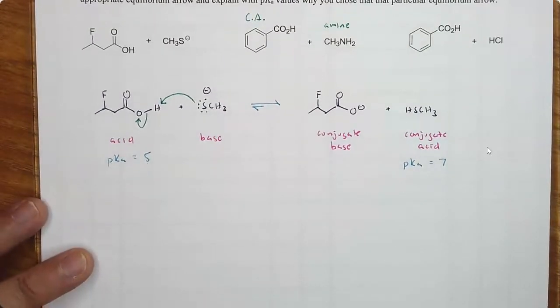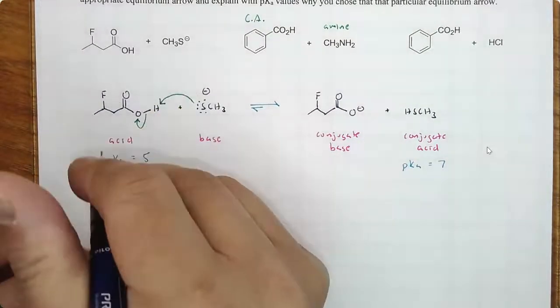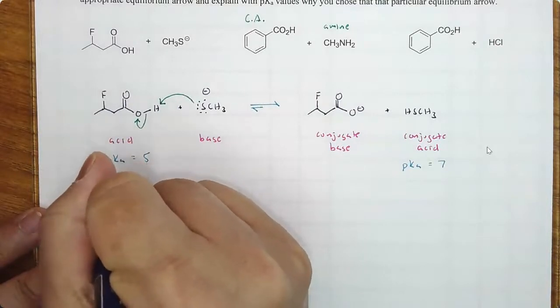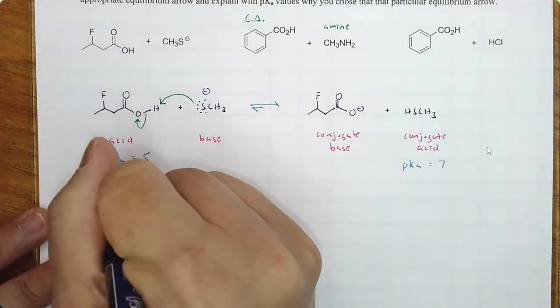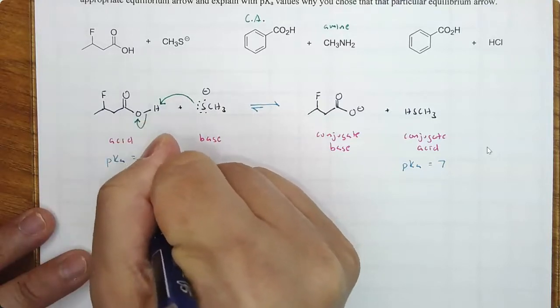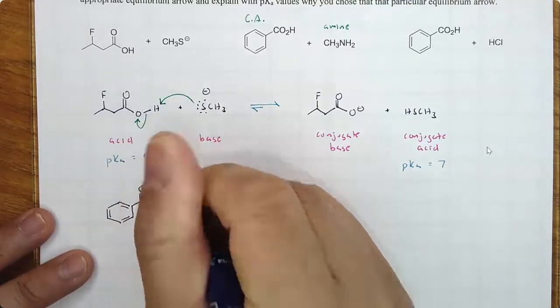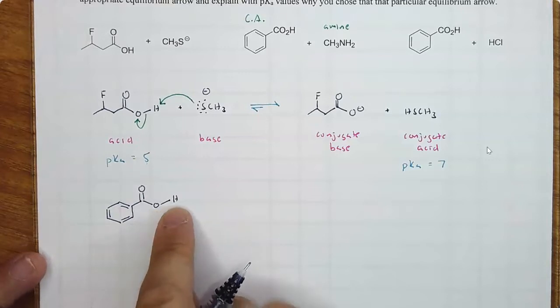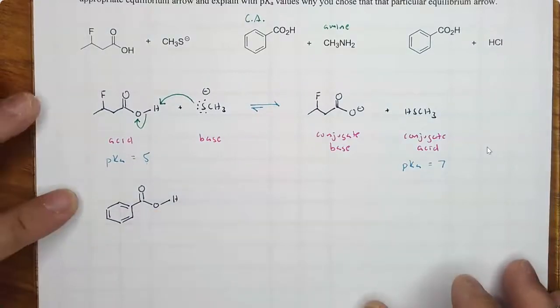Let me start you off. I'm not going to draw the mechanism arrow, but I want us to start off by drawing the Lewis structure, not the condensed. And make sure you have the bond that's connected to the hydrogen that you're going to lose.